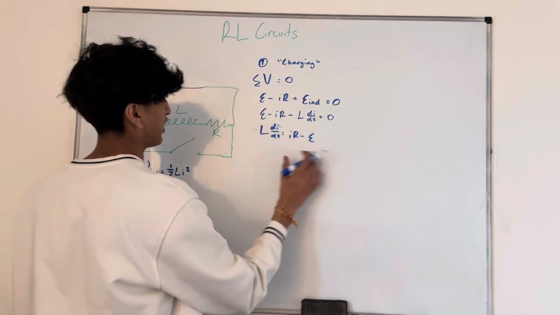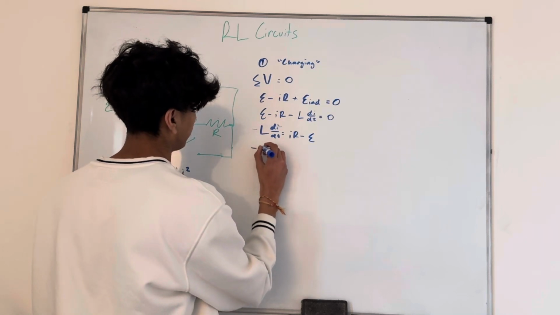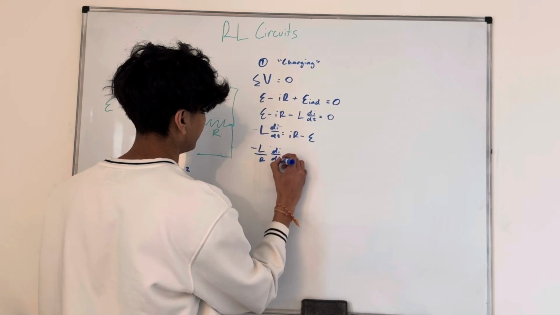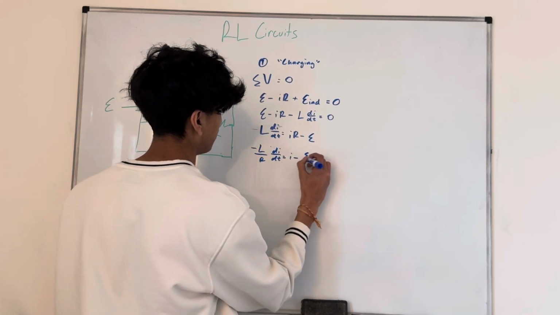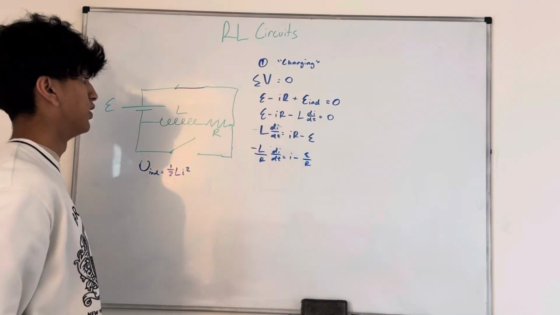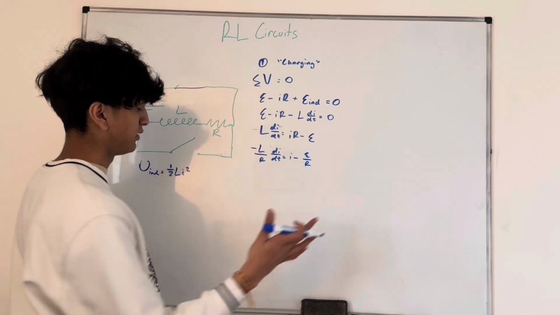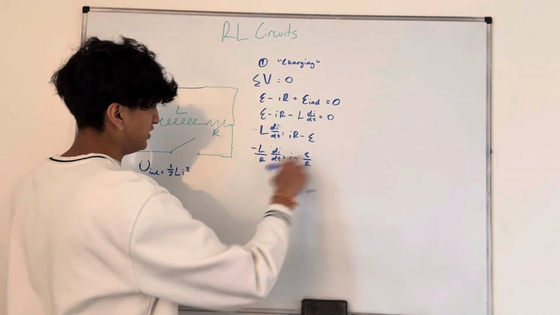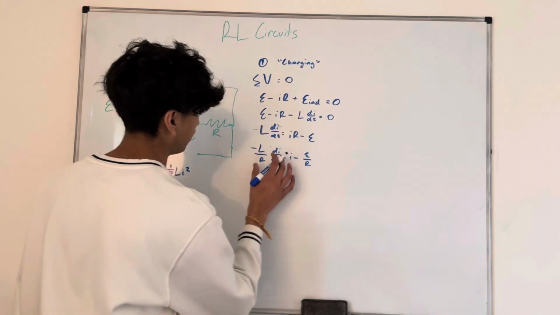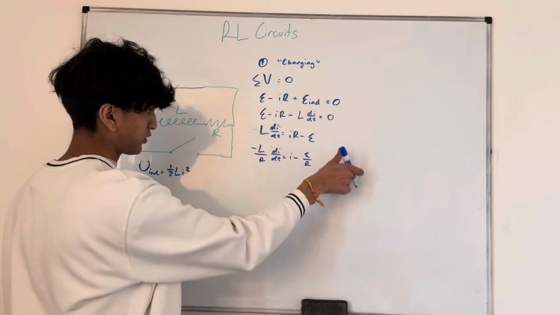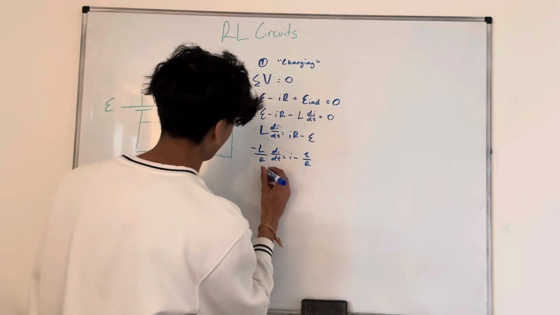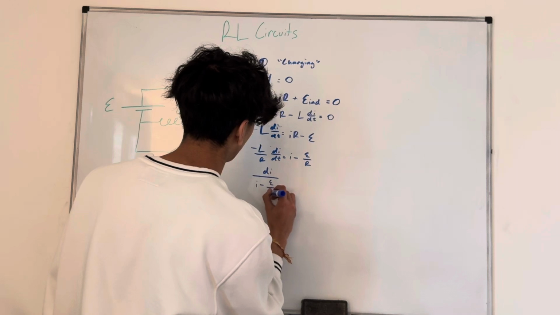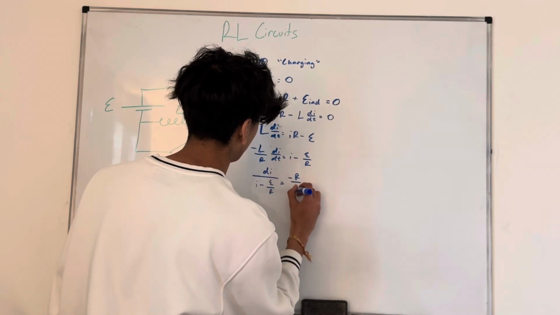Then I can divide both sides by R, so I get negative L over R di dt equals I minus EMF over R. Now I can do my separate, integrate, celebrate. Get all my I's on one side, and all my dt's and other stuff on the other side. So I essentially get di over I minus EMF over R is equal to negative R over L dt.